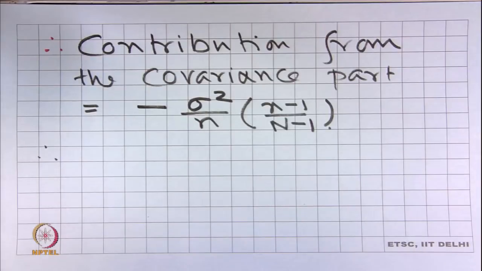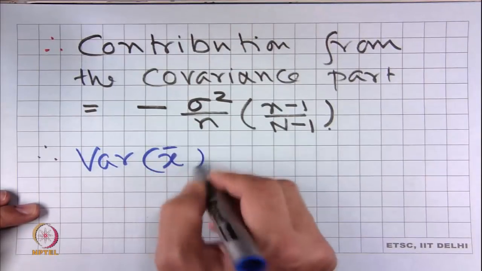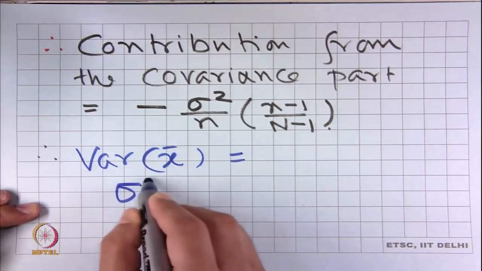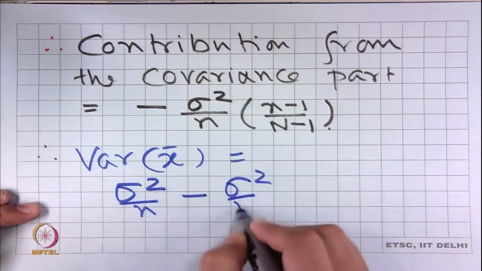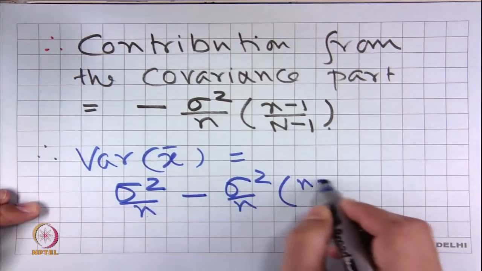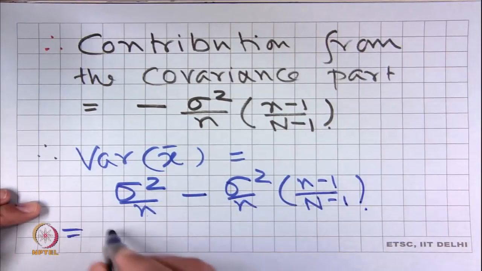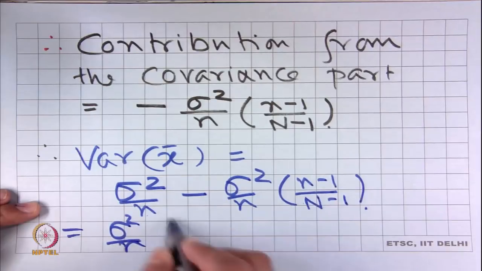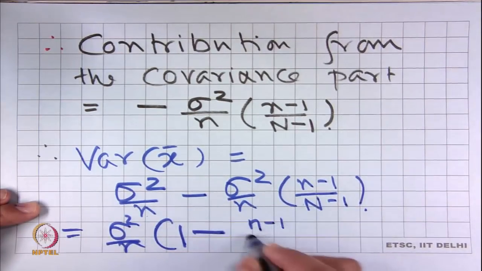Therefore, variance of x bar is equal to sigma square by n minus sigma square by n into n minus 1 upon n minus 1, which is equal to sigma square by n into 1 minus n minus 1 upon n minus 1.